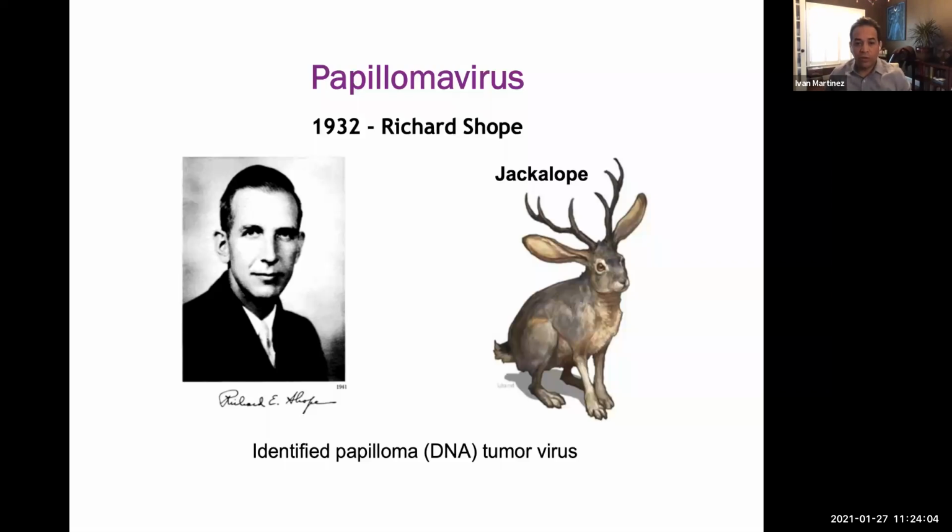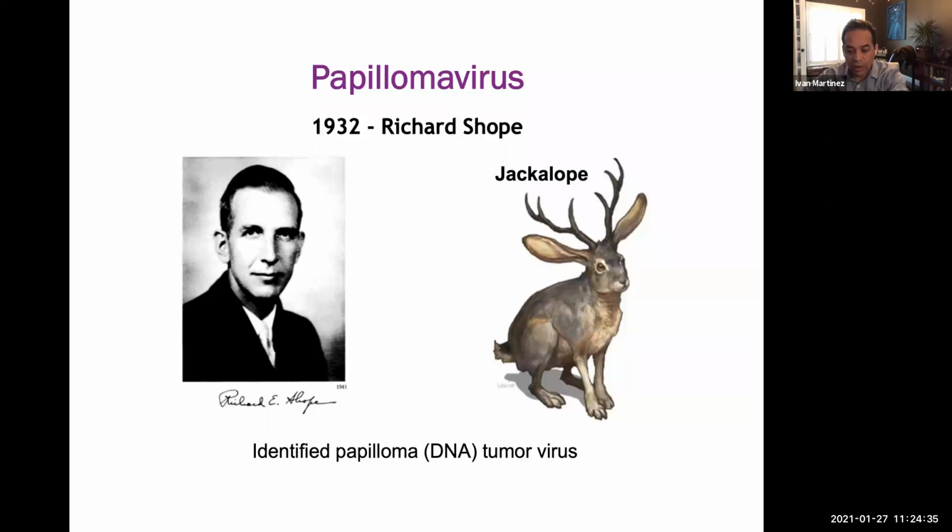In 1932, Richard Shope identified the first papilloma tumor virus. And here is a cartoon of a jackalope. I know you've heard these stories in the United States, of your uncle who likes to drink saying, hey, I just saw this rabbit that has horns. And of course, people developed these stories about jackalopes, this mythological rabbit with horns.